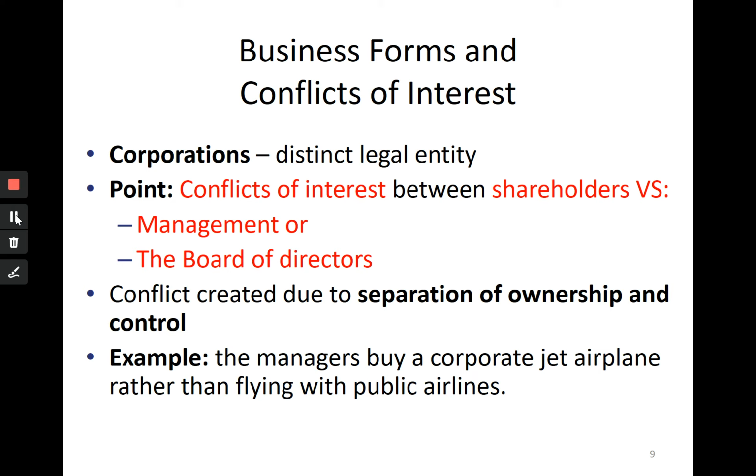So we talk about a conflict of interest between managers and shareholders. A relatively newer conflict of interest that you might not have heard as much about is a conflict of interest between shareholders and the board of directors. Legally, the board of directors should represent the shareholders, should look after the best interest of shareholders.